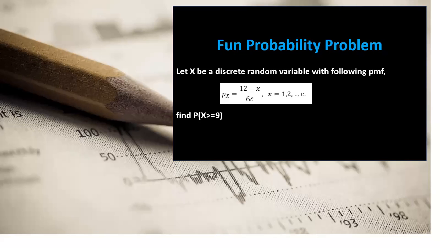For this problem, we notice there is a constant C. In order to find that probability, we probably need to find C first, and then we can take a look at what this PMF looks like. Now let's go to the whiteboard and see how we're going to solve this problem.